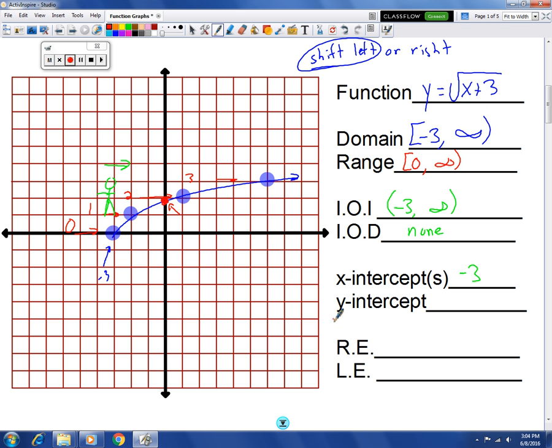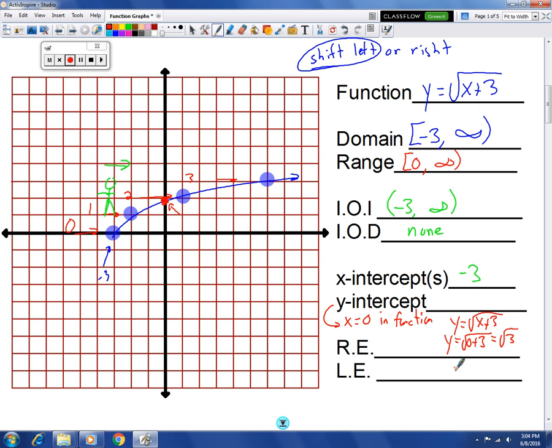To find the y-intercept, you let x equals 0 in the function. So we go up to that function, which is y equals square root of x plus 3, and we make x 0. So we get square root of 0 plus 3. 0 plus 3 is 3.